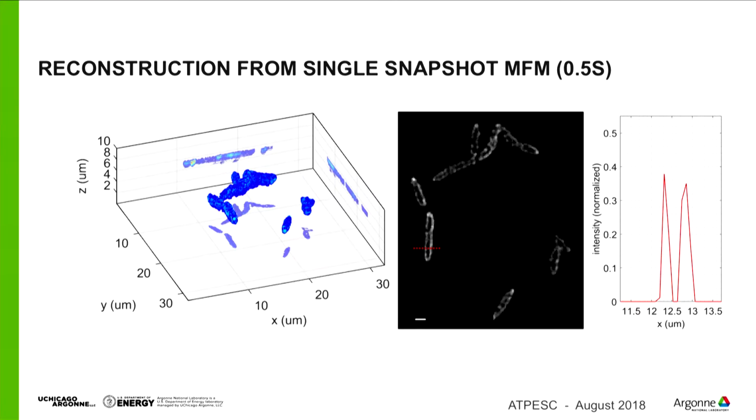And here, the MFM took half a second, which is a lot higher than frame rate, but because we have these periplasmically labeled bacteria, the fluorophores hang out in the periplasm, the outside part of the cell, and that's a lot dimmer than the one that was lit in the cytoplasm, so we actually had to acquire for a longer period of time to really get any signal.